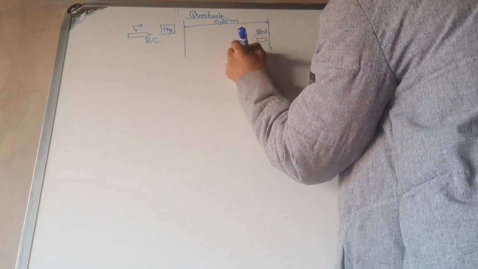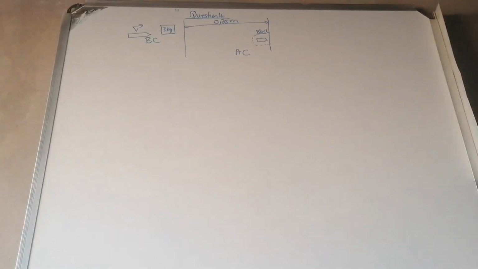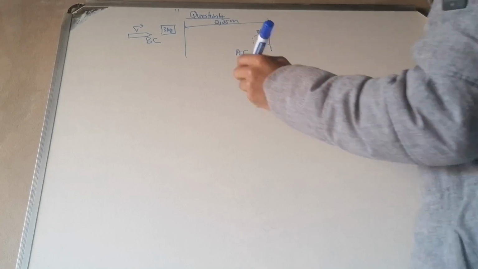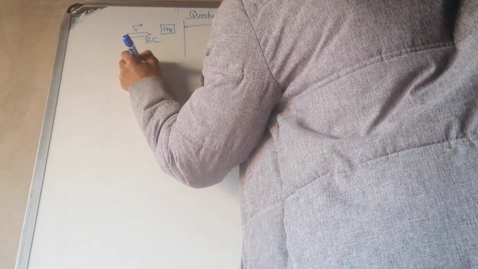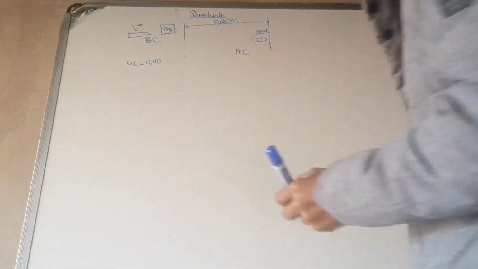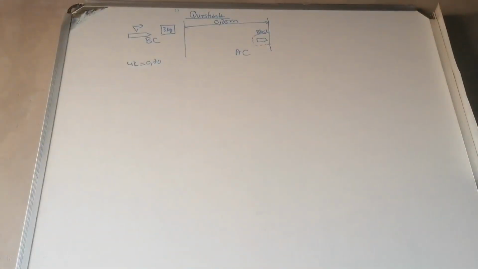Okay, that's fine after the collision. All right, and they say the coefficient of kinetic friction between the block and the surface is 0.20. So mu k is 0.20. That's fine. Neglect the effect of air resistance.